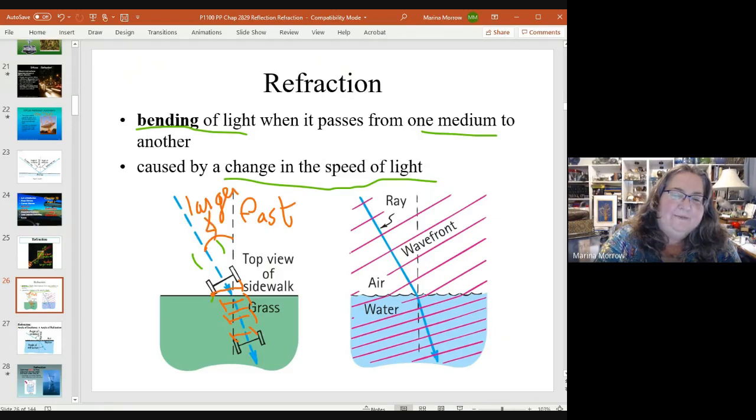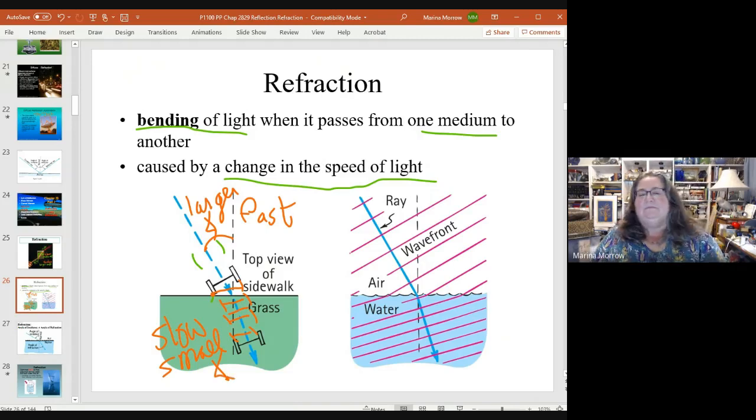And I'm going to use this symbol for angle because I'm tired of writing it. Okay, and down here, where it was slower on the grass, it again had a smaller angle. All right, so it works, right?